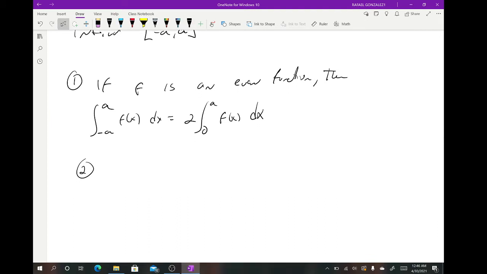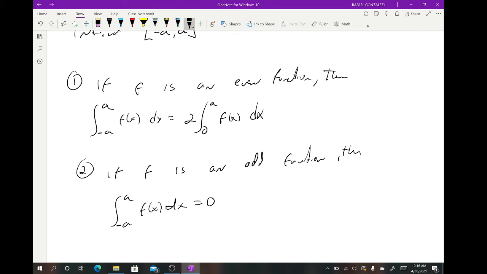Let's see another one. So the other part of the theorem says that if f is an odd function, then the integral from minus a to a of f of x dx is equal to 0.